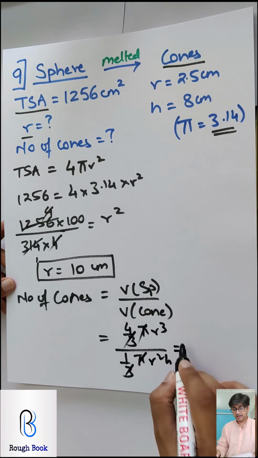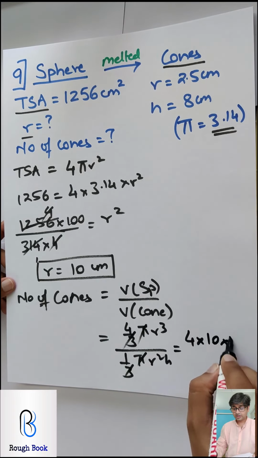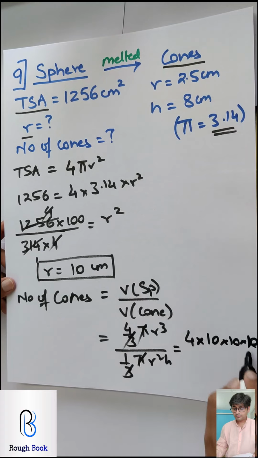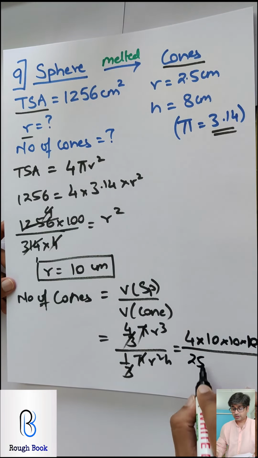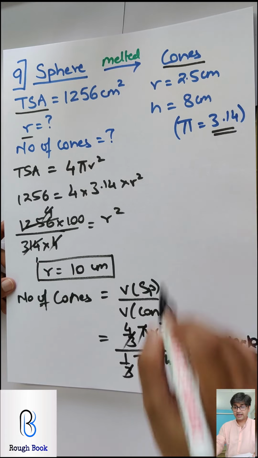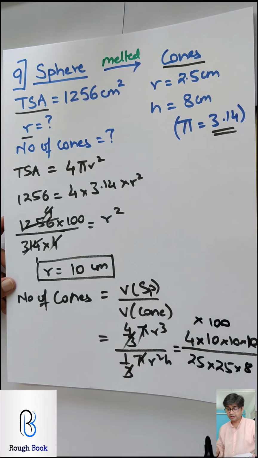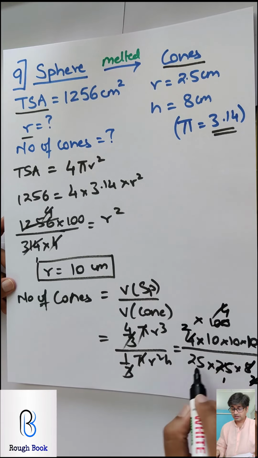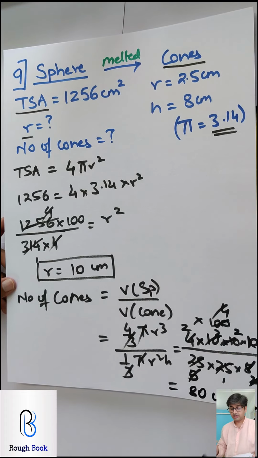Pi cancels, 3 cancels. 4 into radius of the sphere, which is 10, 3 times, upon r square here is 2.5. So I'm writing 25 into 25 and height is 8. So 2 decimals removed, so 1 more 100 in the numerator. Cancelling, 2 times 5 5s are, so 8 and 1 0, so 80 cones can be formed.